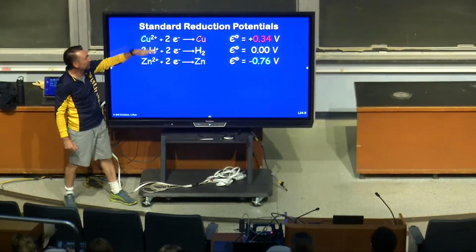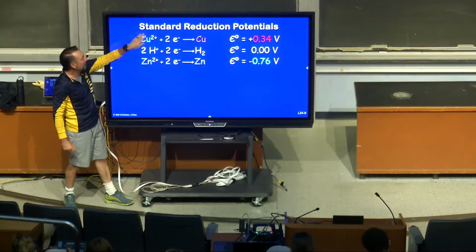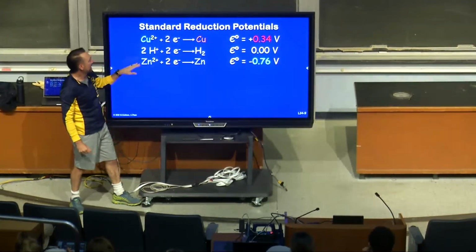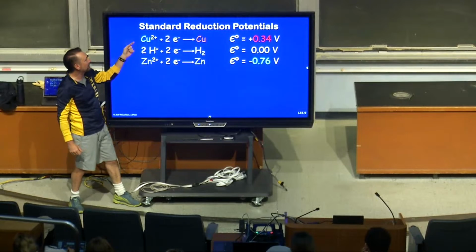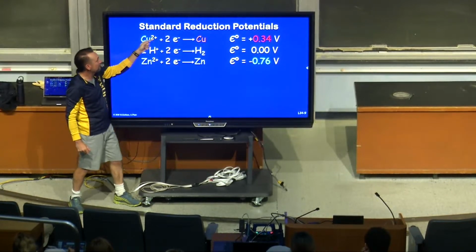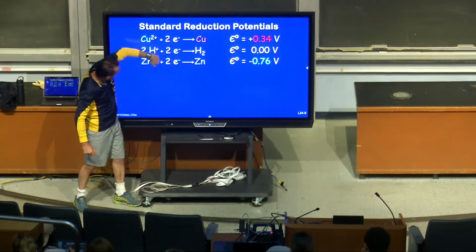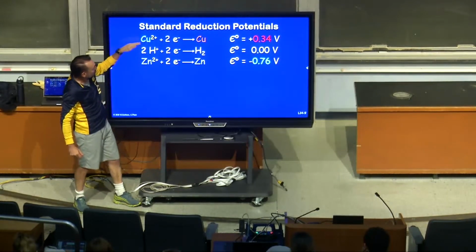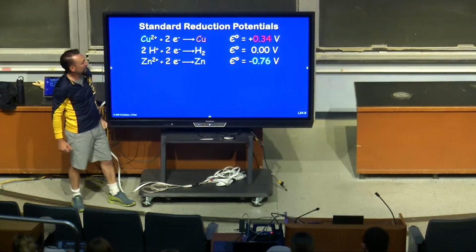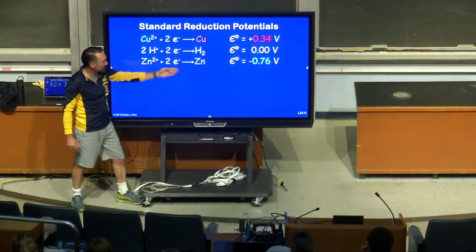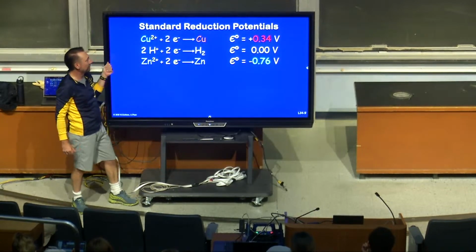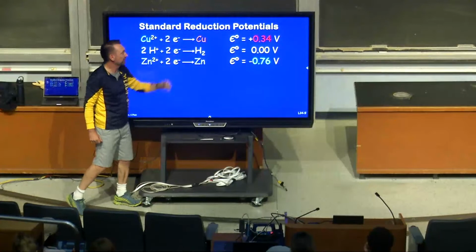So you could tell if you paired the copper ions and copper metal and zinc metal and zinc ions, the overall reaction would be make copper metal and zinc ions. This one goes this way, this one goes this way. So the ones that have the negative voltages tend to go in the reverse direction. The ones with the positive voltage go as written.